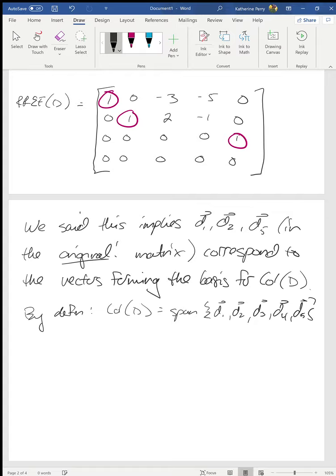But what this above tells us is that this is actually equal to the span of just D1, D2, and D5. So this D3 and D4 column are extra. They're acting like the 4 in the example.